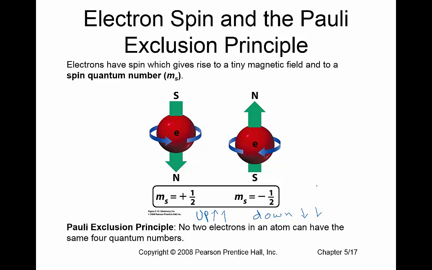So that's how we're going to represent the electron, and it will have these two possible values of m sub s, plus 1/2 for up and minus 1/2 for down. You don't need to remember the directions that these little models are spinning. That's just to show you a picture of a spinning ball of charge that gives you a little magnetic property. And it turns out that spin is important.